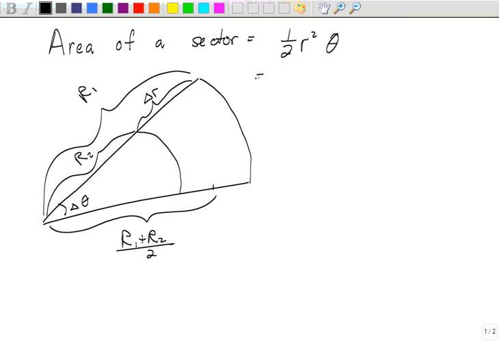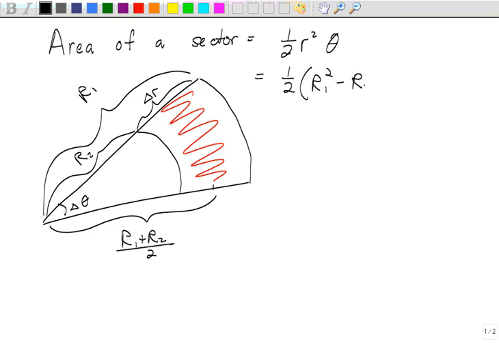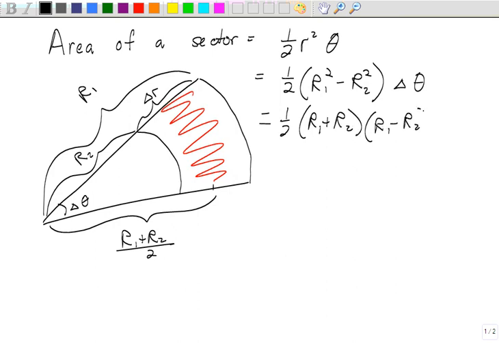The area of the sector in this case is going to be 1/2, and I want this piece right here, r2 squared minus r1 squared times delta theta, and that factors, and this is the average radius. Let's call it r bar.